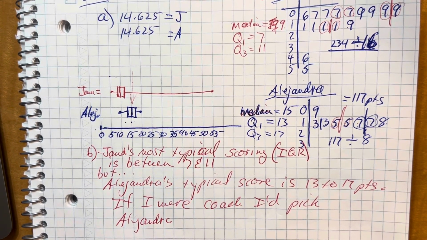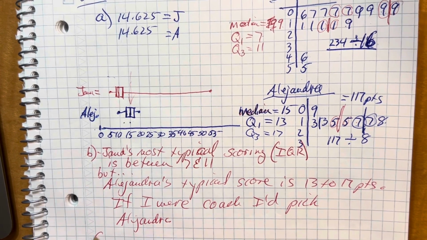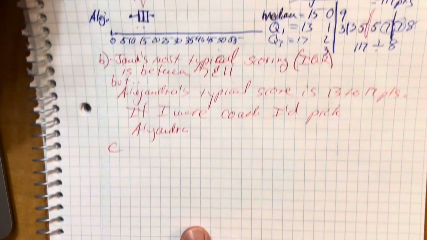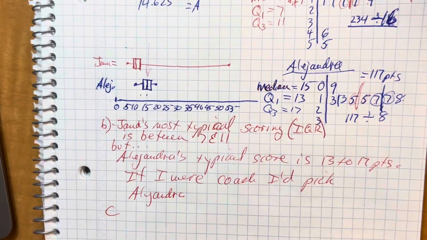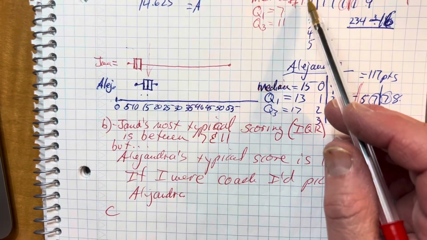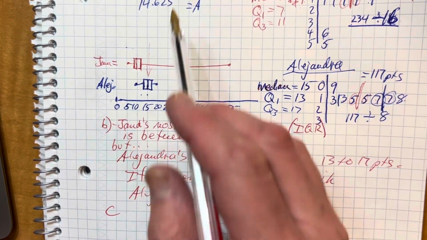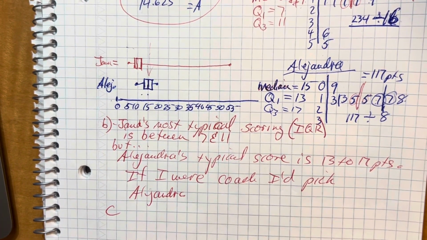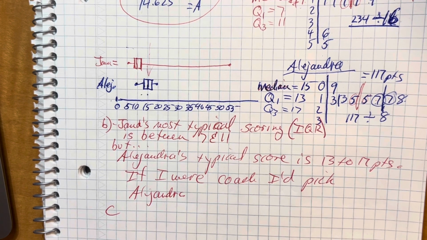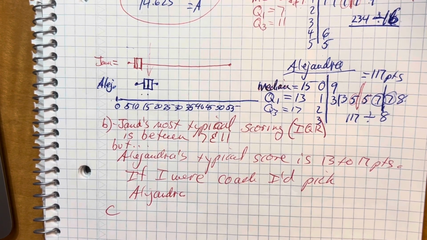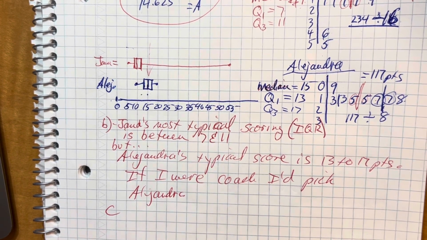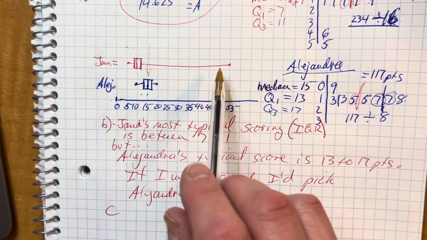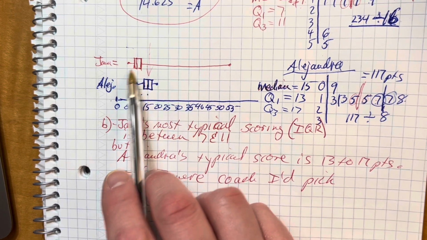So let's go into part C. Why is the mean, which for both of them was 14.25 in A, why is the mean not a good measure for the girl's performance? Especially Jana. Well, in Jana, she has 2 outliers which skewed her average.